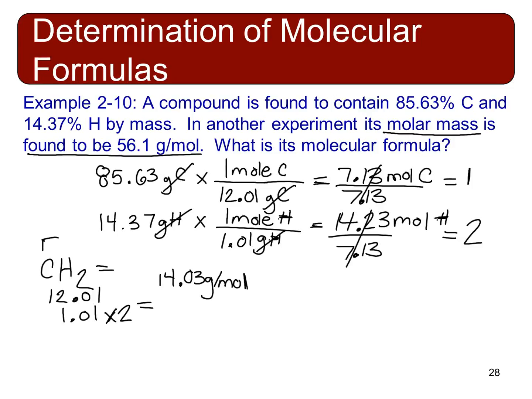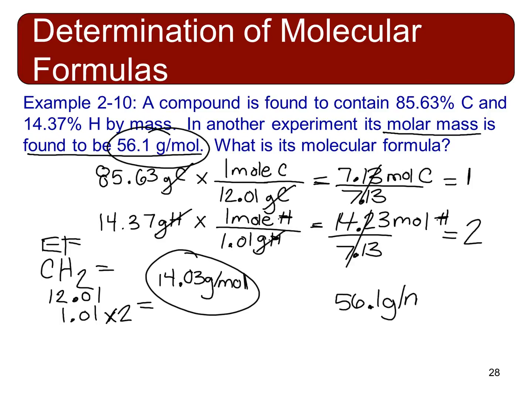Okay, so for our empirical formula, we added up our molar mass and we get 14.03. But we're told in the problem that our molar mass is 56.1. You have to be given this extra piece of information to find the molecular formula. So now we're going to take the molar mass of our compound, what it should be, and divide it by what we got with our empirical formula.